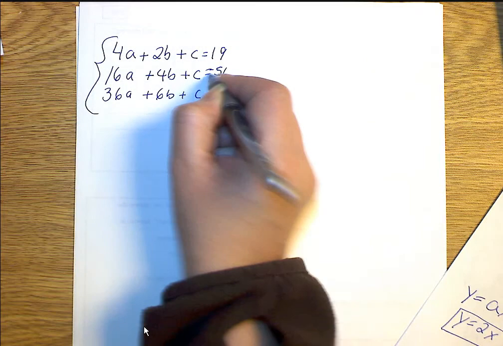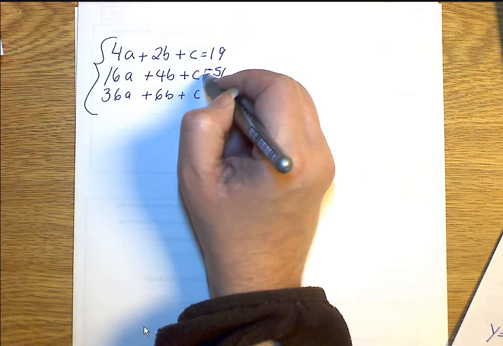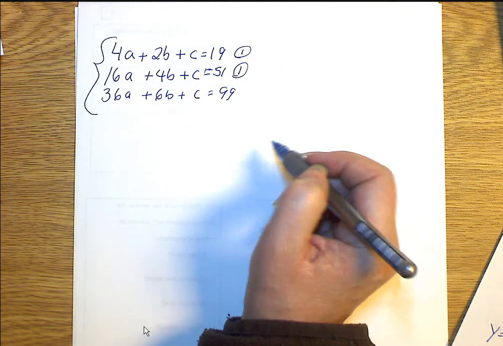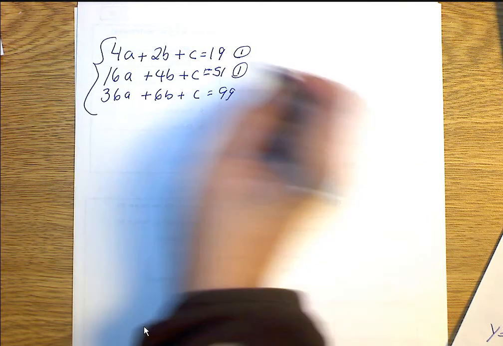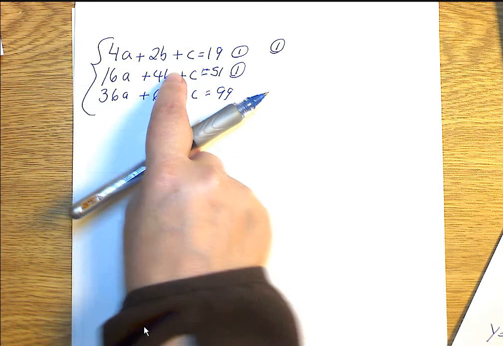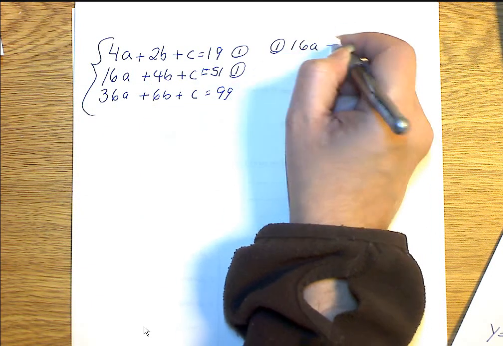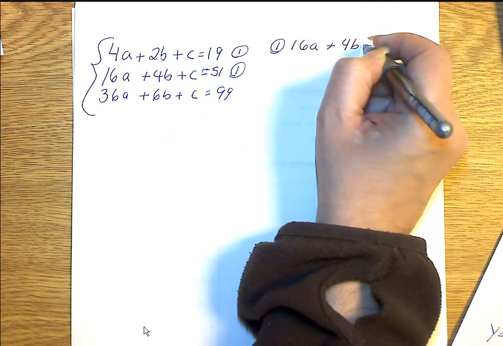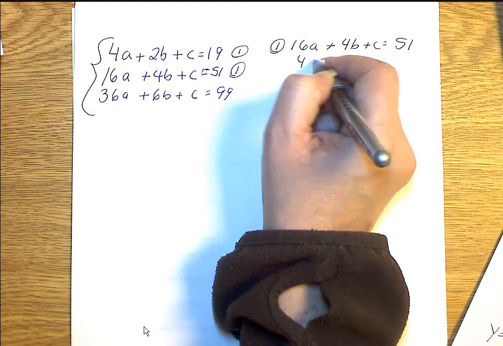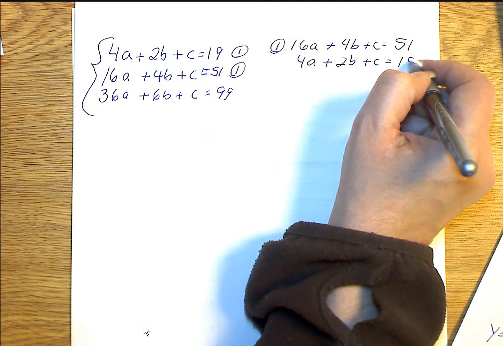So what you have to do is take two of them and get rid of C's. My first step is I'm going to write this one on top because it's a bigger one. So I have 16a plus 4b plus c is equal to 51, and 4a plus 2b plus c is equal to 19.